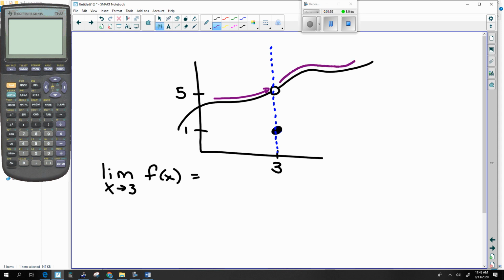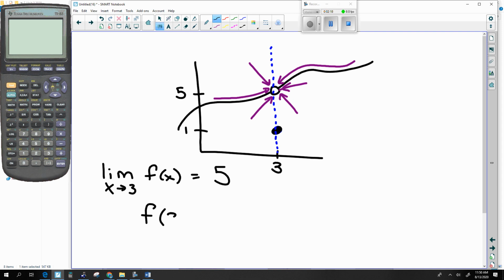Well, the line to the right of 3 is pointing at that. So where are these arrows pointing? The arrows are pointing right there. That's where that limit is pointing at. Whether there's a dot there or not, it's not important. The limit is where the lines imply the point should be. So that limit should be at 5.